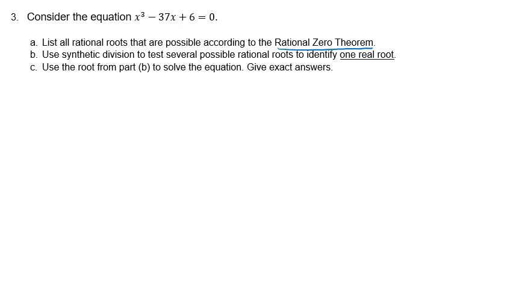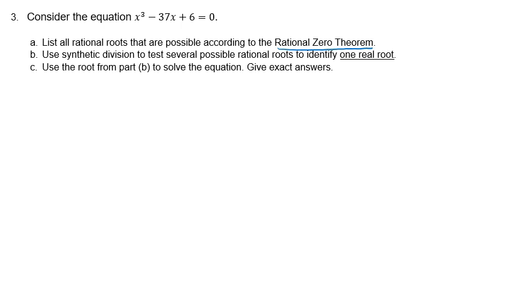We have a quadratic formula. But if the degree is 3 or above, this is how we start the problem. We come up with a list of possible zeros, or in this case, possible roots.